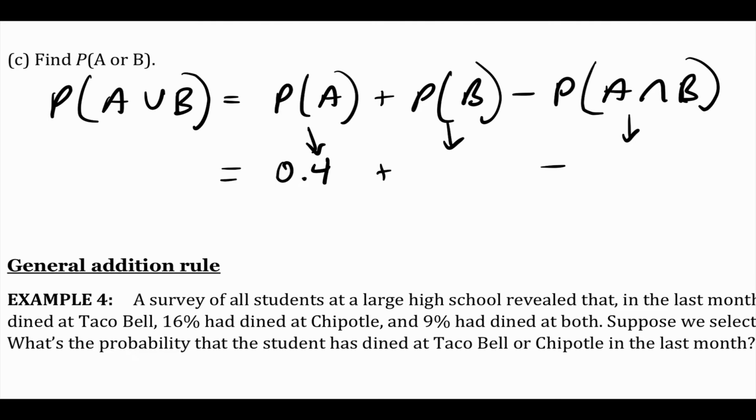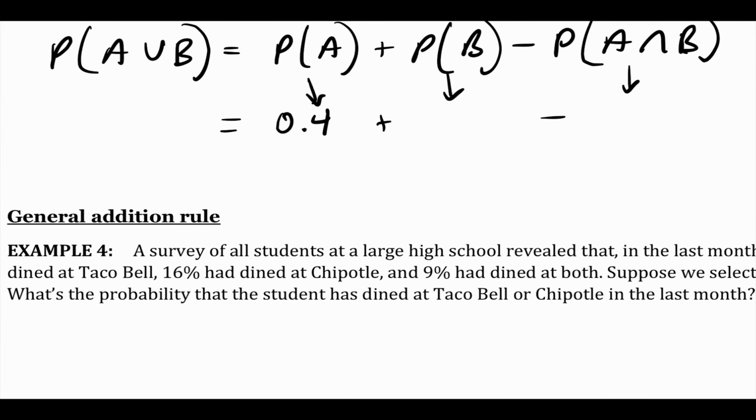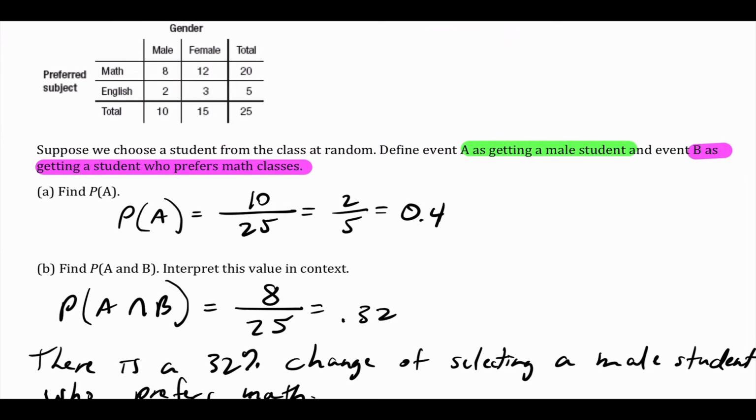But we just did in part B right before, didn't we do A and B? 0.32, right? So all I'm missing is the probability of B. I could use the table to figure that out. B says students who prefer math.